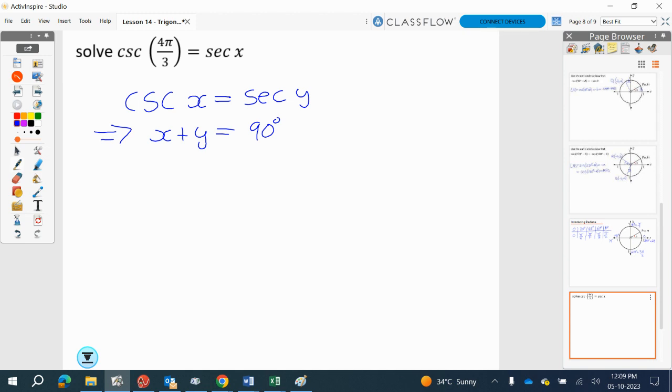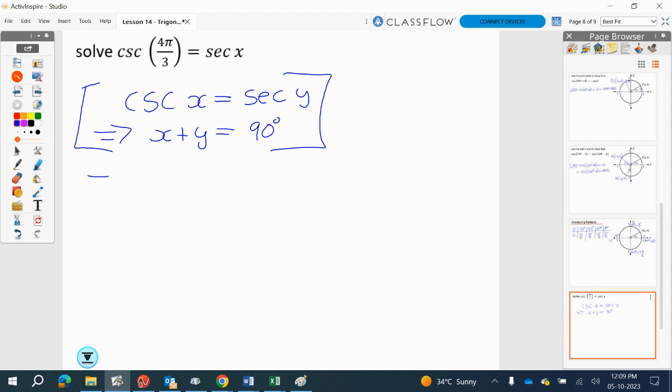So we see in this question that the cosecant of some angle y is equal to the secant of some angle x.